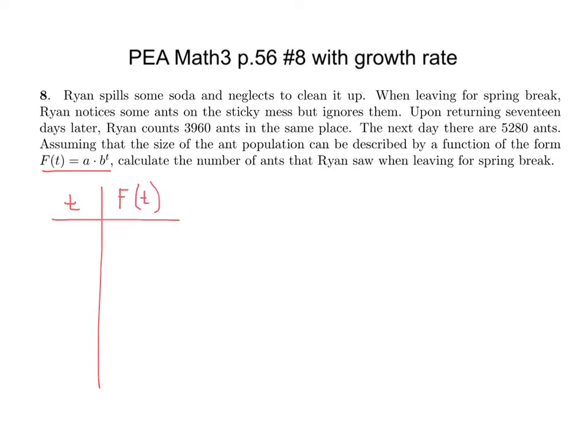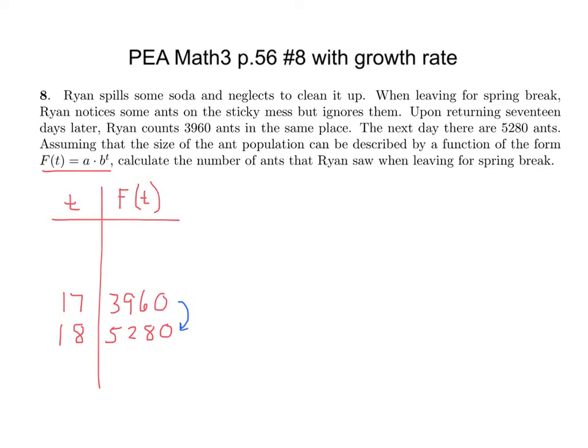I knew on day 17, we'll call it day 17, there were 3,960. And the next day, so day 18, there are 5,280. So we need to find a growth rate here, or your common ratio from day 17 to day 18.